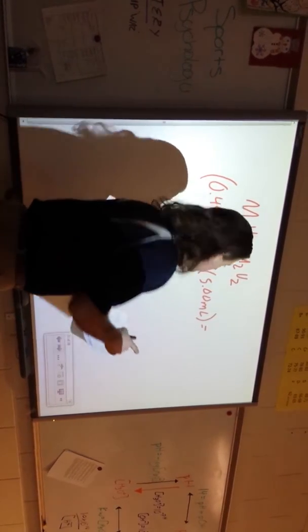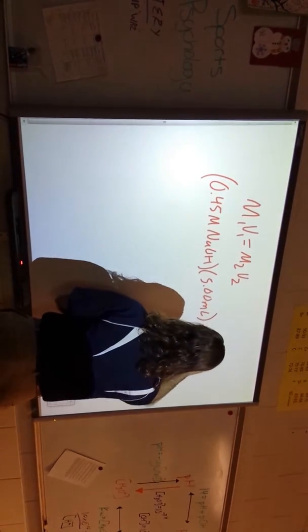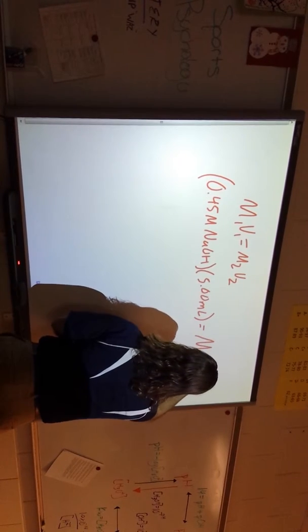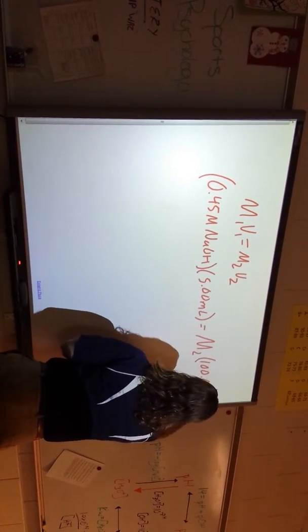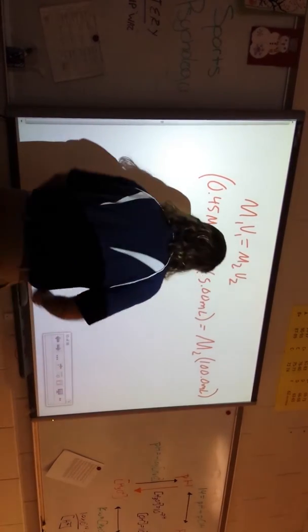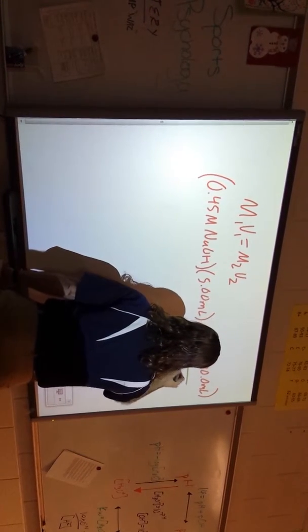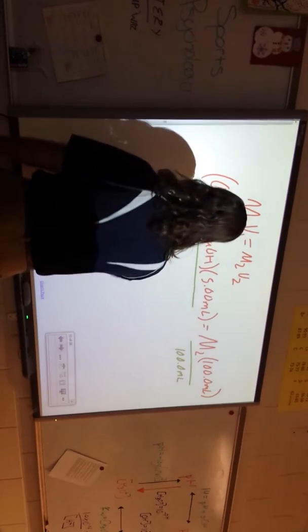Then they diluted it to 100 milliliters, and we have to calculate the second concentration. So in order to solve this problem, we're going to divide both sides by 100 milliliters.